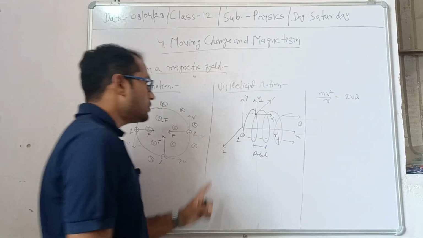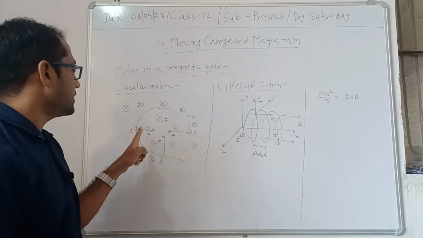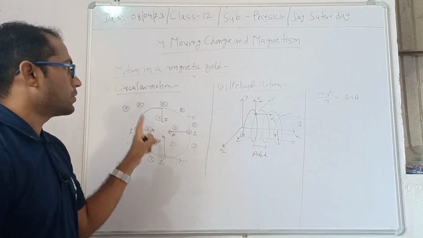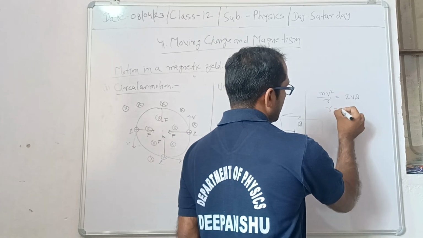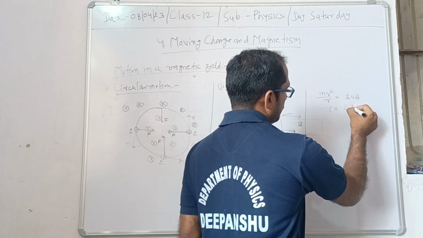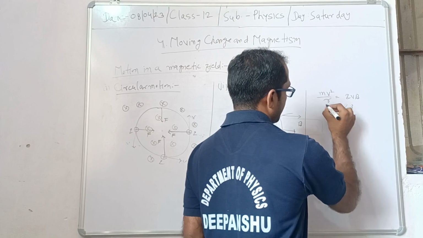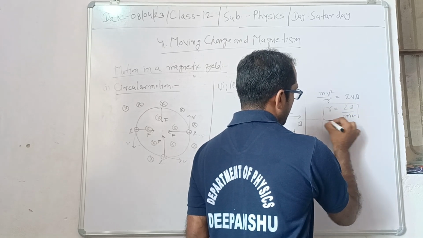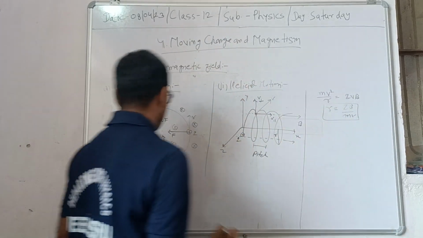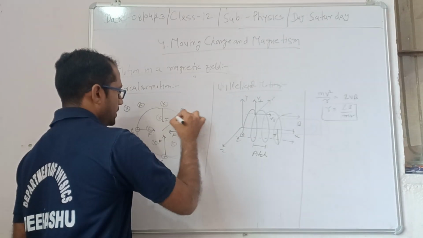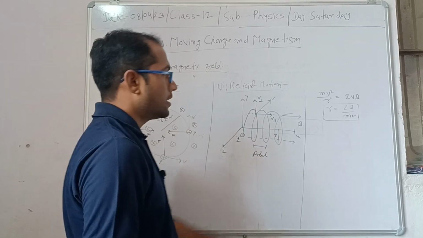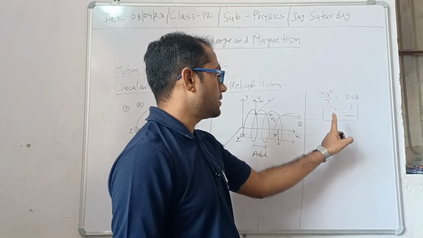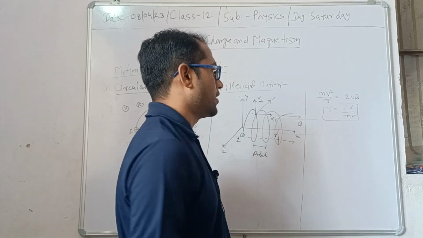Because these two forces are equal, the charge moves in a circular and helical motion. Then if we find the value of r from here, r equals mv/qB. This is the radius of the circular path, and also of this r and this r.